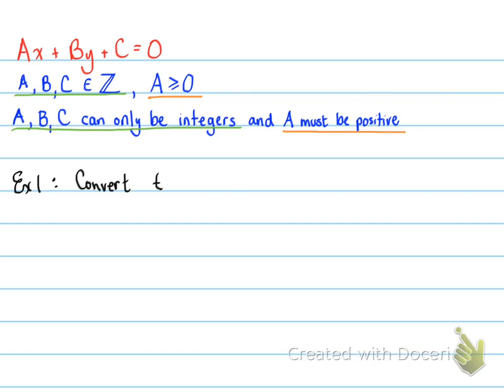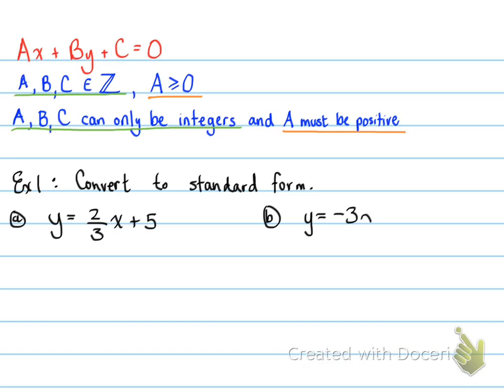Example 1. You're asked to convert the following equations to standard form: a, y equals 2/3 x plus 5, and b, y equals negative 3x minus 5. Well, with the first one, the first thing you have to do, folks, is get rid of the fraction, because there are no fractions allowed when it comes to standard form. So what do you need to do?